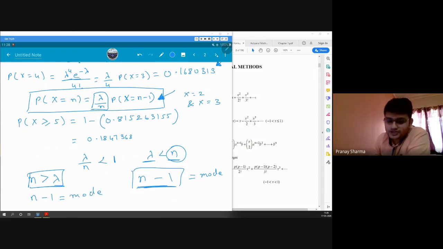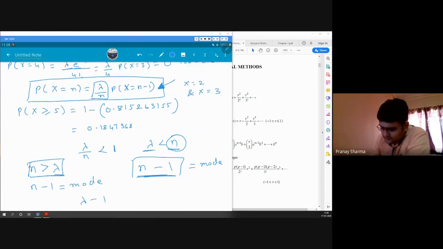Now, why am I not saying that our mode is lambda minus 1? Because lambda is not always going to be a discrete value, but mode has to be a discrete value. Mode will not be any value in between. That is why I did not say it is lambda minus 1. So we'll find n that is just greater than lambda, and we'll say n minus 1 will be our mode.